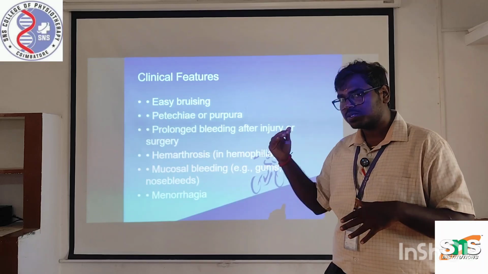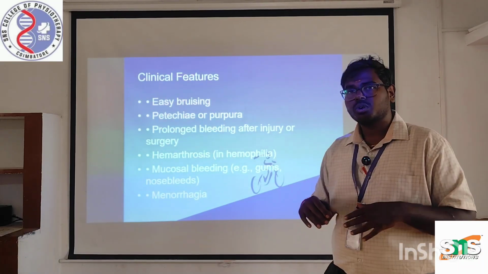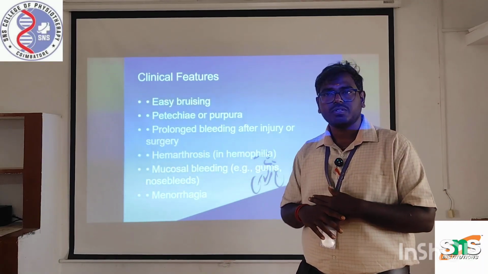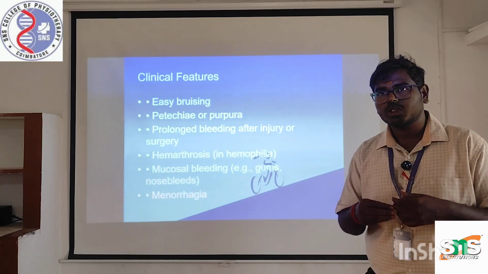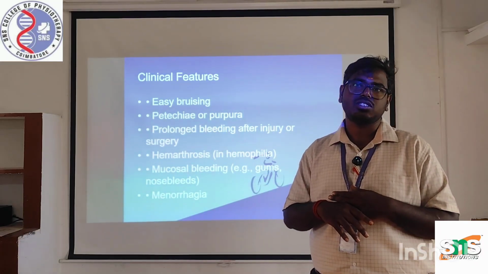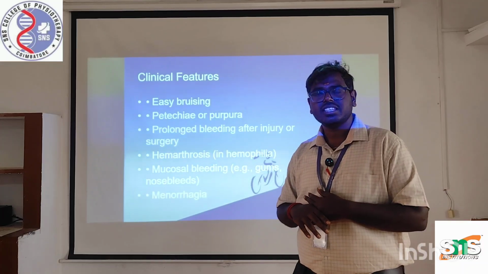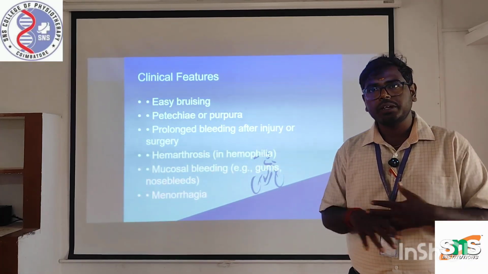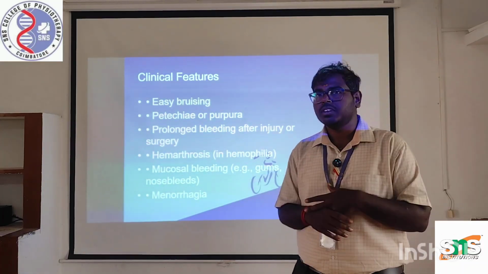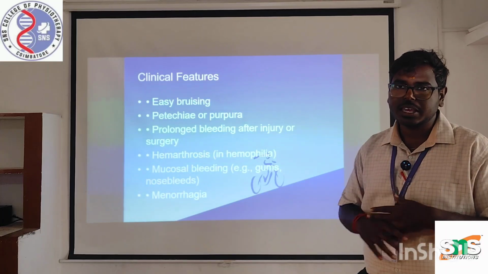Next is mucosal bleeding, which includes bleeding from the mucosa and the gums. And finally menorrhagia, which is an abnormal menstrual cycle in females.